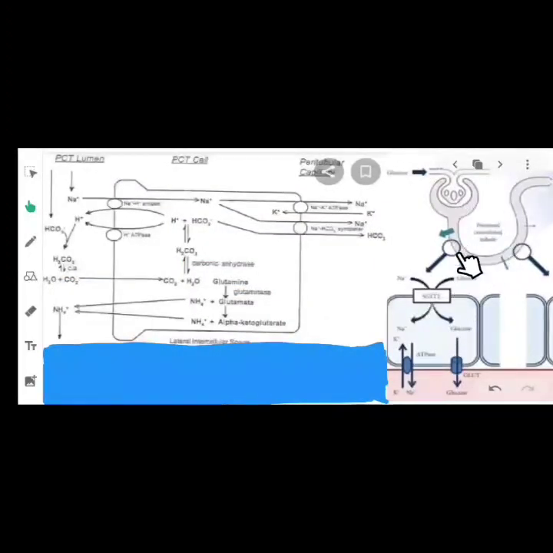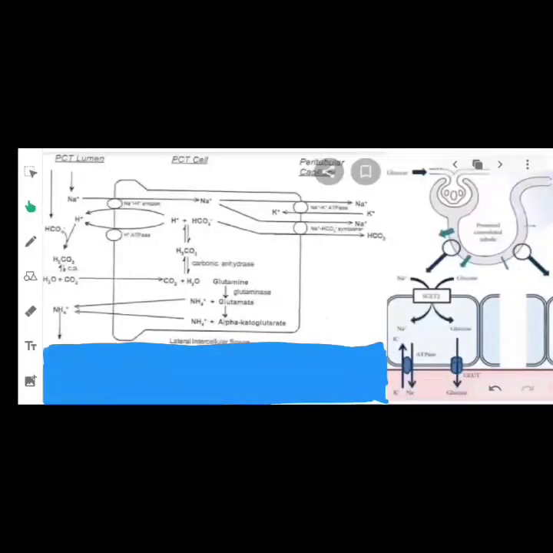See, here it is the PCT. This is the carrier protein to which glucose and sodium bind, and this carries sodium and glucose into the cell.